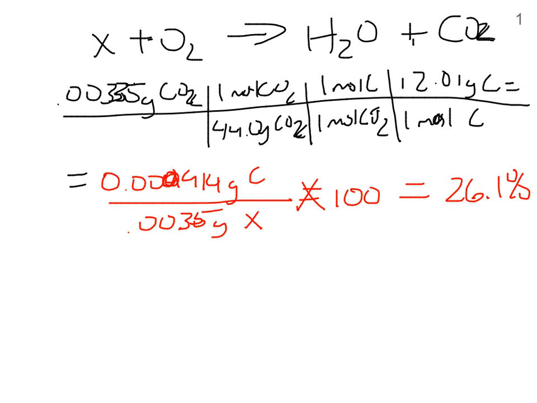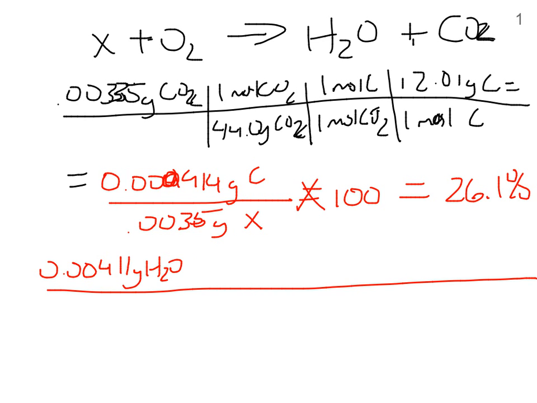Now, the hydrogen part works much in the same way. We take the amount of hydrogen that we had, which is 0.00411 grams of H2O. Okay, we're going to do the same basic principle here. So molar mass of H2O. Then we do the mole ratio.